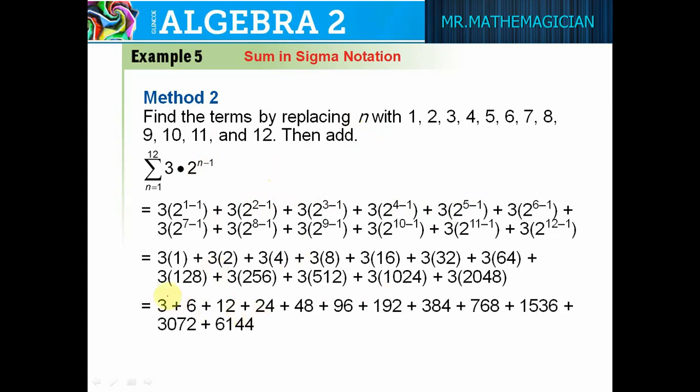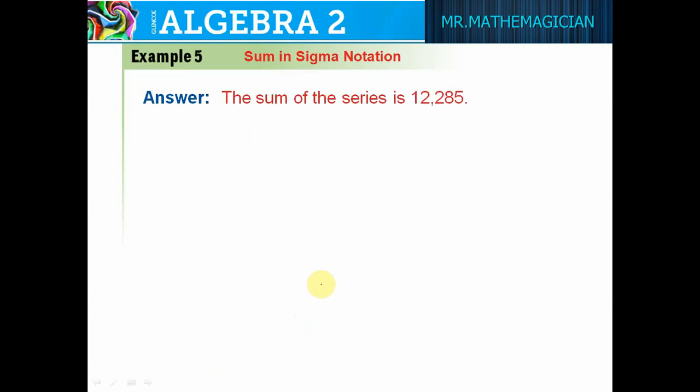After simplifying, these are the 12 terms: 3, 6, 12, 24. It's clear that we are multiplying by 2 because R is 2, but this is a long method. Then add them all and it will give you the same sum we reached before, 12,285. So the sum will be 12,285.